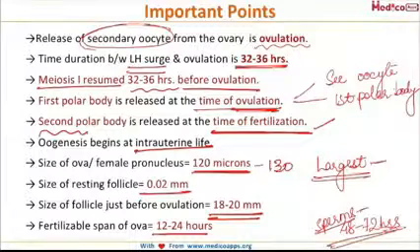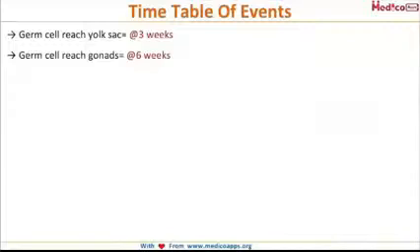When does what happen? We'll start with the formation of germ cells from the epiblast. The germ cells are formed from the epiblast at 2 weeks of gestation, and these germ cells then migrate to the yolk sac, and this occurs at 3 weeks of gestation.